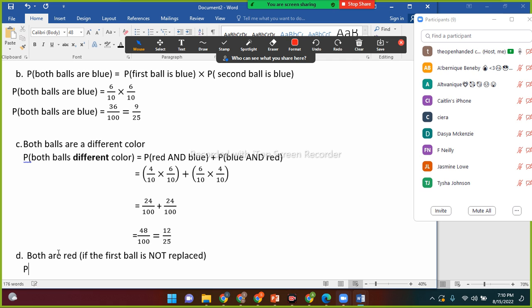So the probability that both are red is equal to the probability that the first one is red times the probability that the second ball is red.